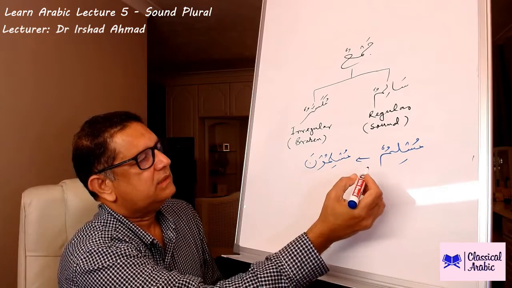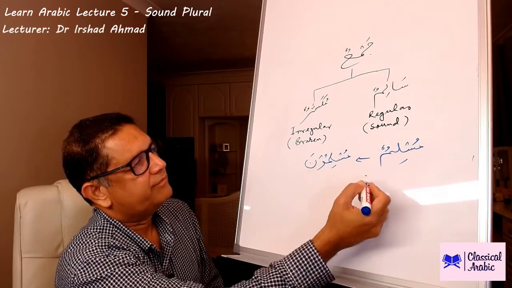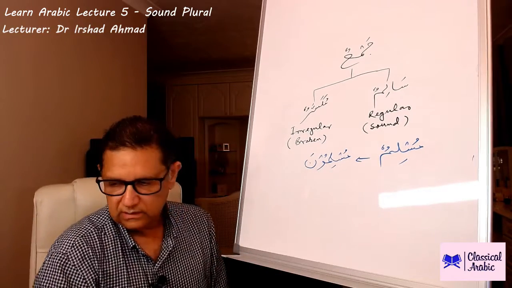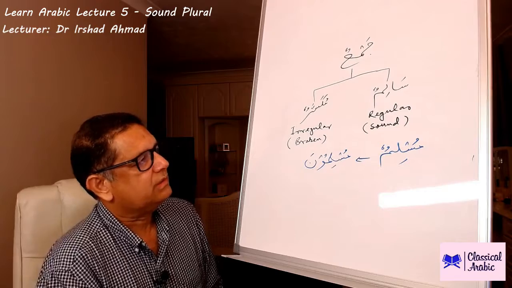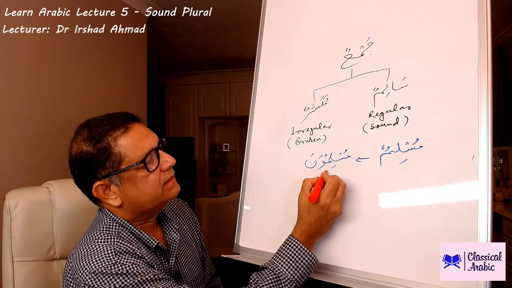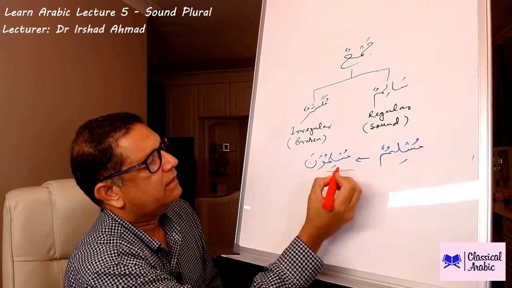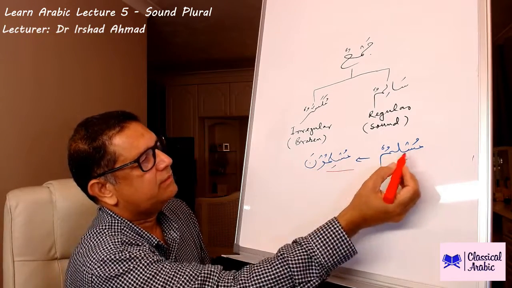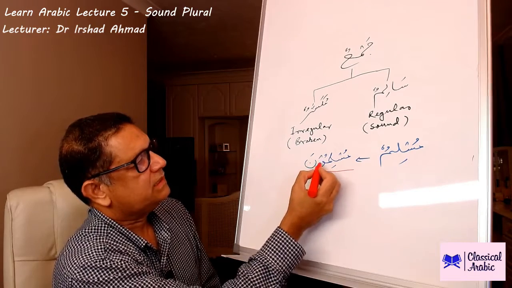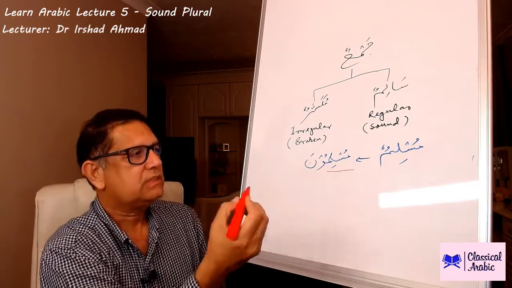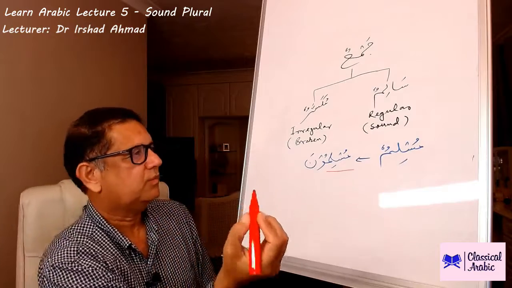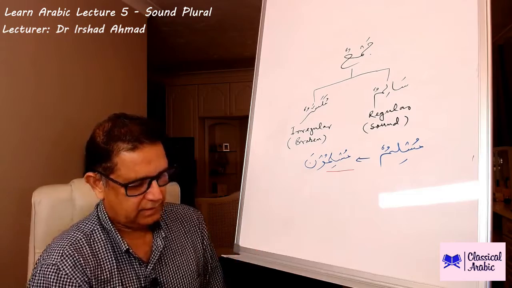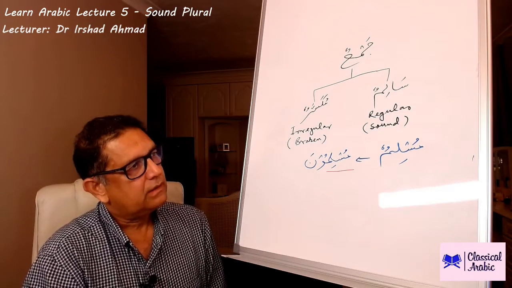And because this is salim, which means healthy, regular, sound, here we can see the original word, which was muslimun, kind of intact here. Tanween isn't there, but we can see mim, seen, lam, mim, and the change occurs toward the end of it. So it is just like book, books, boy, boys. So easy, muslimun, muslimuna.